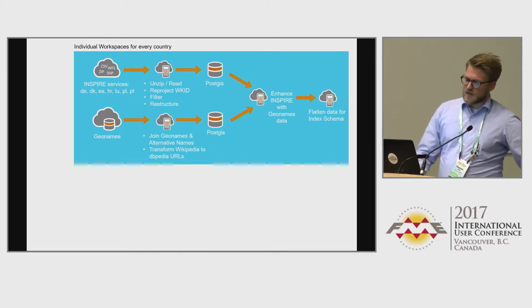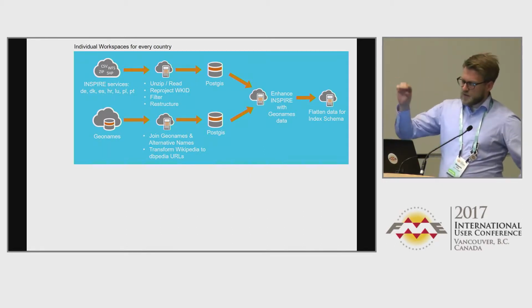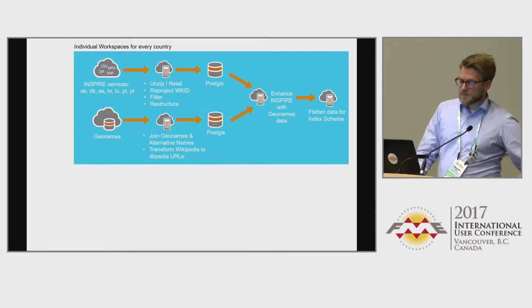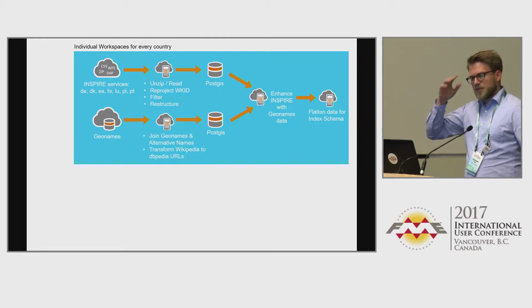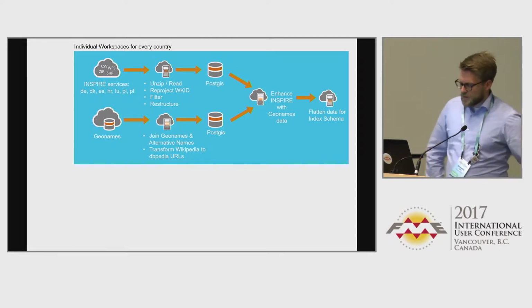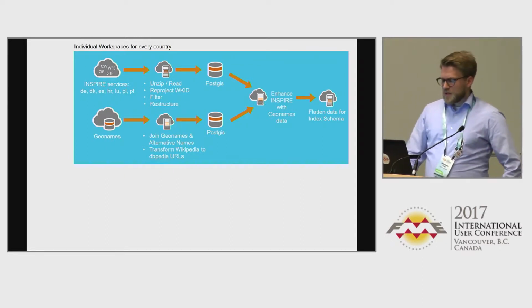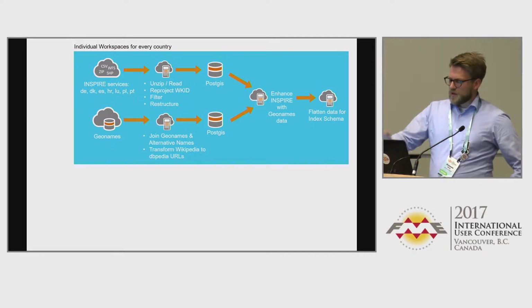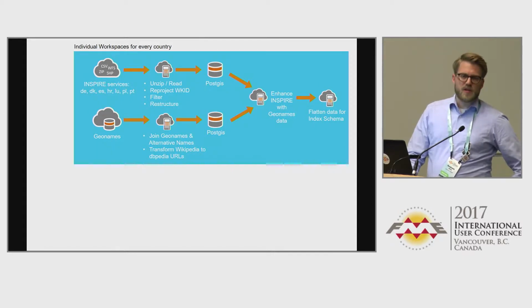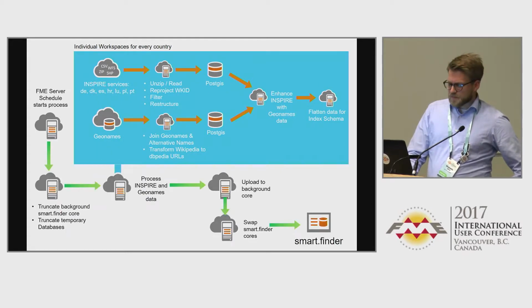And we added another process to extract the information from geonames and join the geonames with alternative names and transform it to the PostGIS database, and then merge it into an enhanced Inspire with geonames dataset, and transform it for the index schema to write it into the search engine index of Smart Finder.